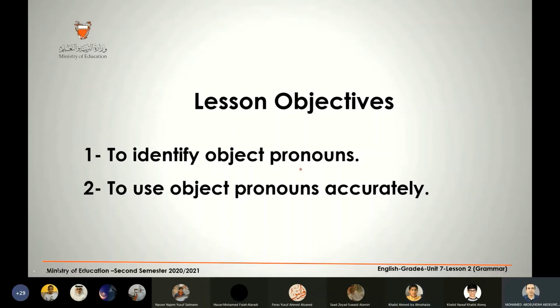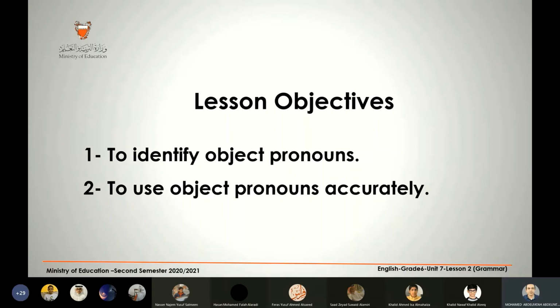Bravo, Khalid. Good reading. And I will ask your classmate Khalid Nawaf to help us read objective number 2. Khalid Nawaf, are you there? Yes, teacher. Khalid, we need your help to read the objective number 2. To use object pronouns accurately. Bravo Khalid Ahmed, bravo Khalid Nawaf, I am proud of you all.